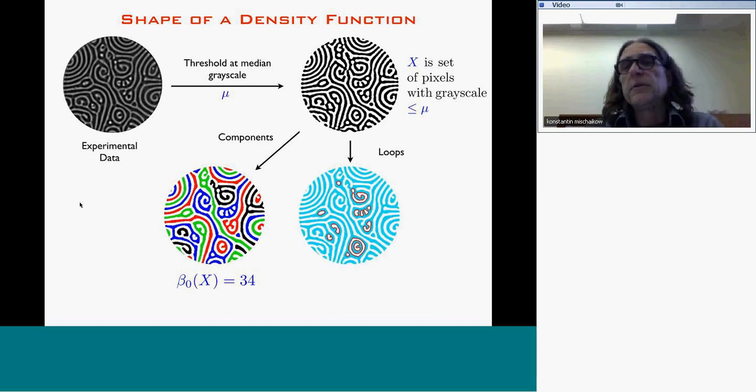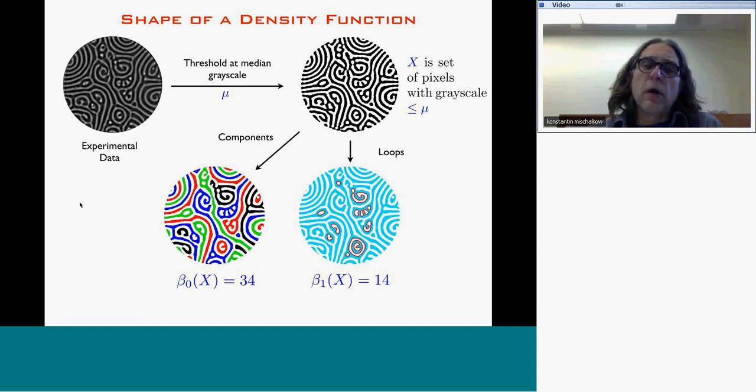Again, looking at the loops that the black pixels make, and I've highlighted them in red, there are 14 of these loops. Now, exactly the same count for the white pixels. There is no duality that exchanges these directly.